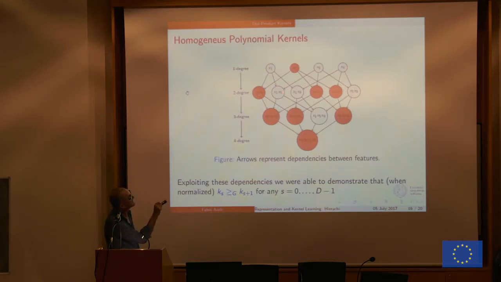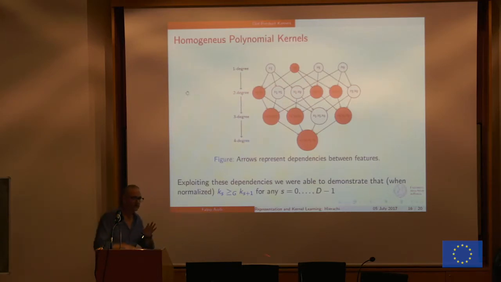After that, the representations of the homogeneous polynomial kernel of degree 2, of degree 3, of degree 4, and then we find the combination. Instead, in deep neural networks, they usually use only the last level, the very last level, okay? In our case, we just combine all these representations.